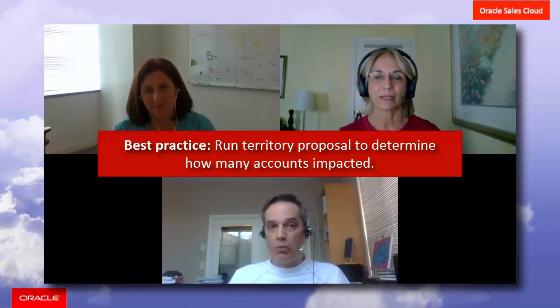Cool. So when Oracle did this internally, they figured out how to segment so that X number of records would be exported and imported. I would advise it would be applicable for large volumes. If we were giving best practice guidance, one would be, if you can, run a proposal to see your affected size of accounts.